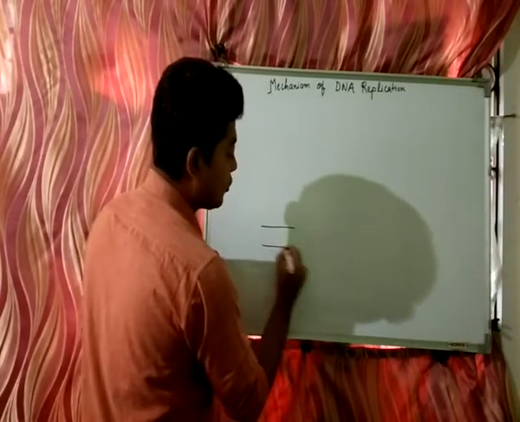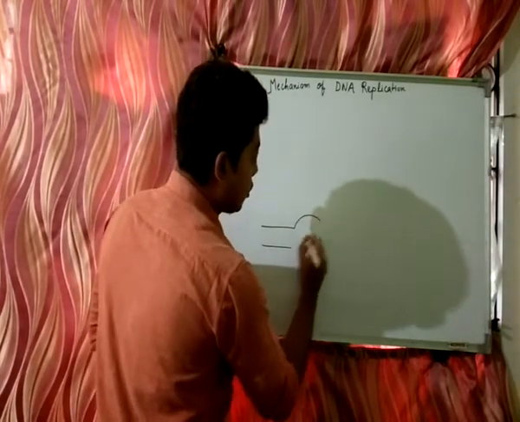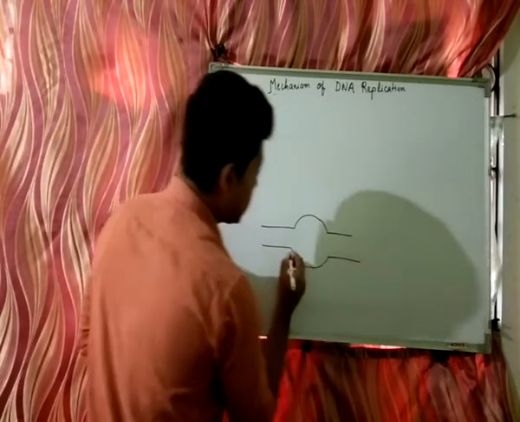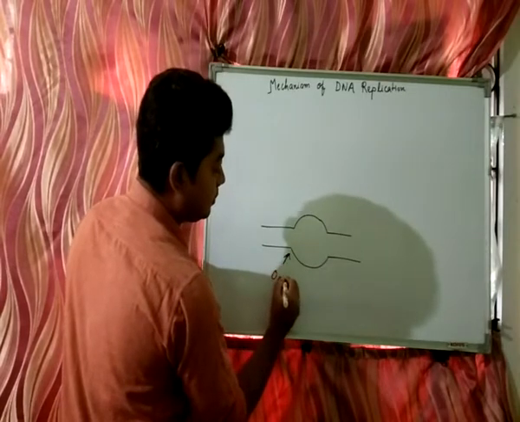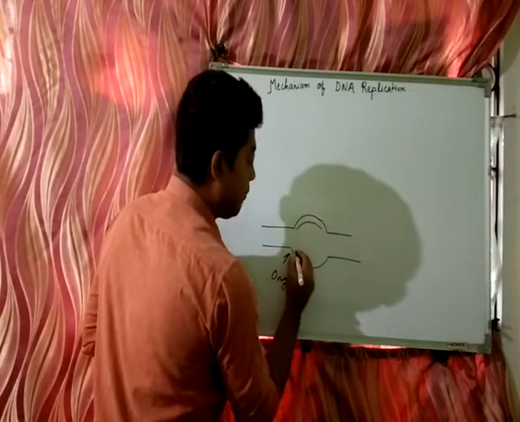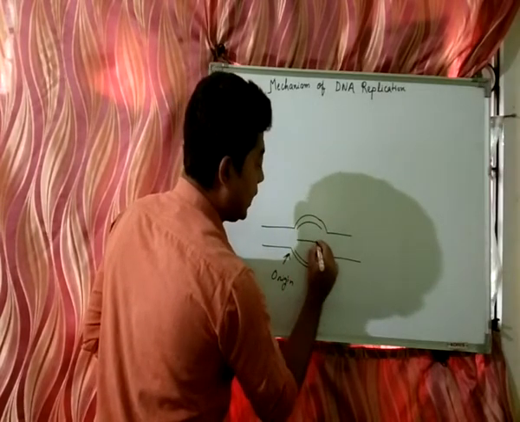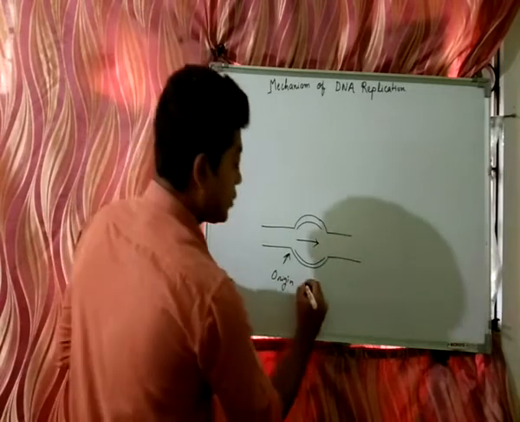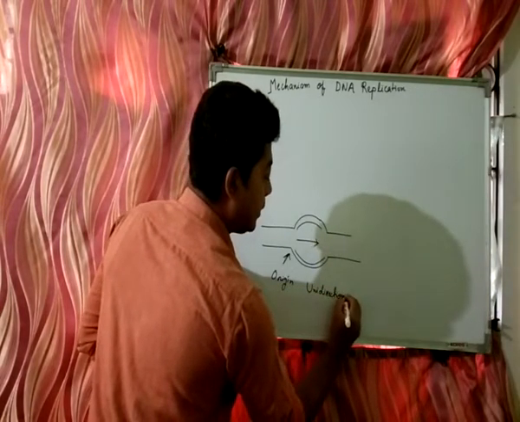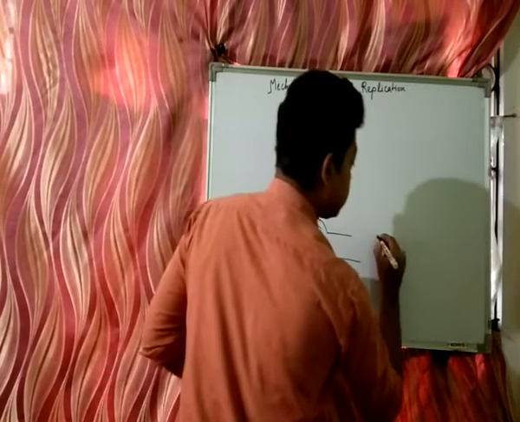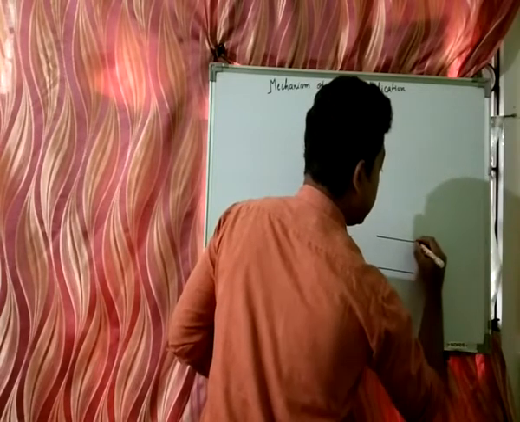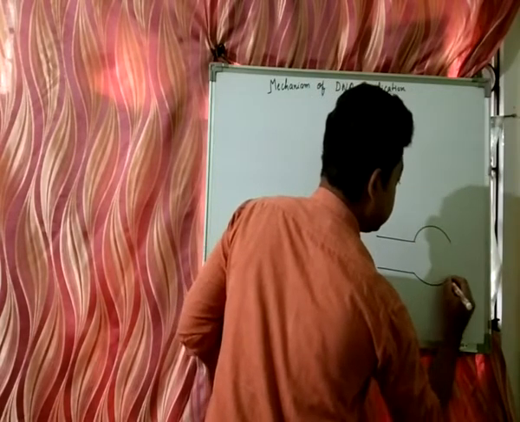Suppose there is a DNA strand, and suppose this is opened up. Suppose this is the origin of replication. If replication starts in only one direction, then that is called unidirectional. Or suppose a double stranded DNA, let's open it up.